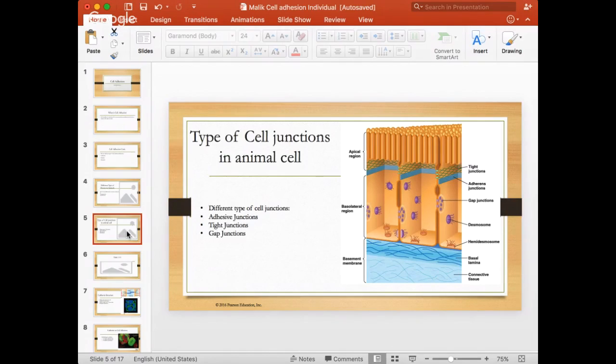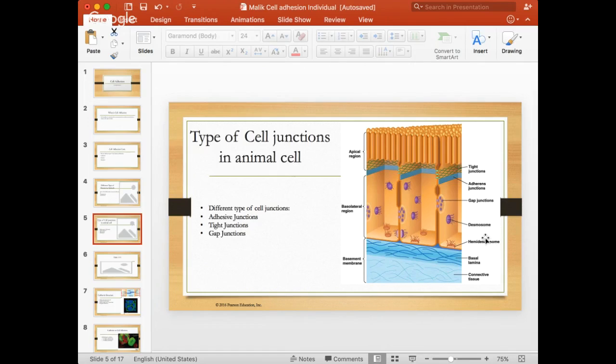So, as for this figure, you see that here are the tight junctions. You can tell that they are bonded really tight to make sure that nothing enters this area down here in the basolateral region. These are the gap junctions in this figure. As you can see, those are some of the cell junctions in animal cells.